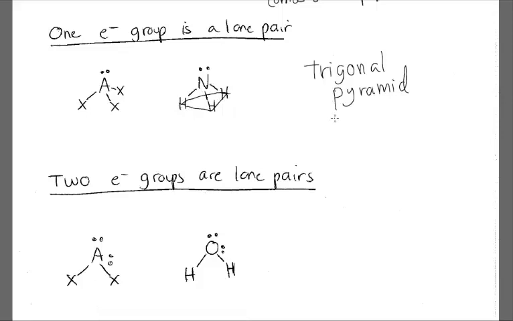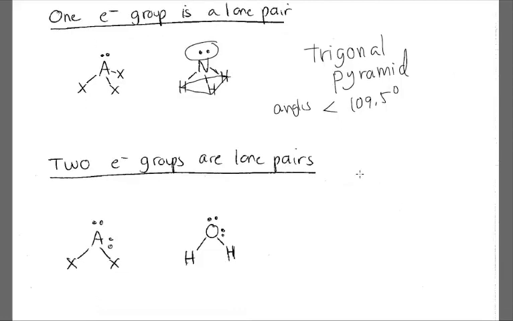And so the angles will be less than 109.5 because the lone pair of electrons repels the other electrons in the bonds a little more. It repels more. So the ones bonded to hydrogen squish together a little bit, and the bond angles between hydrogens are a little less than 109.5.